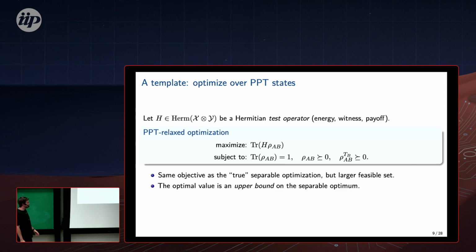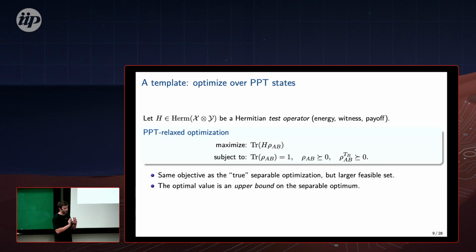Okay, so in principle, as you're optimizing over a larger set, the value can be a bit larger than only over separable states, but at least it gives you something you can compute efficiently and already rules out some entangled states, right?